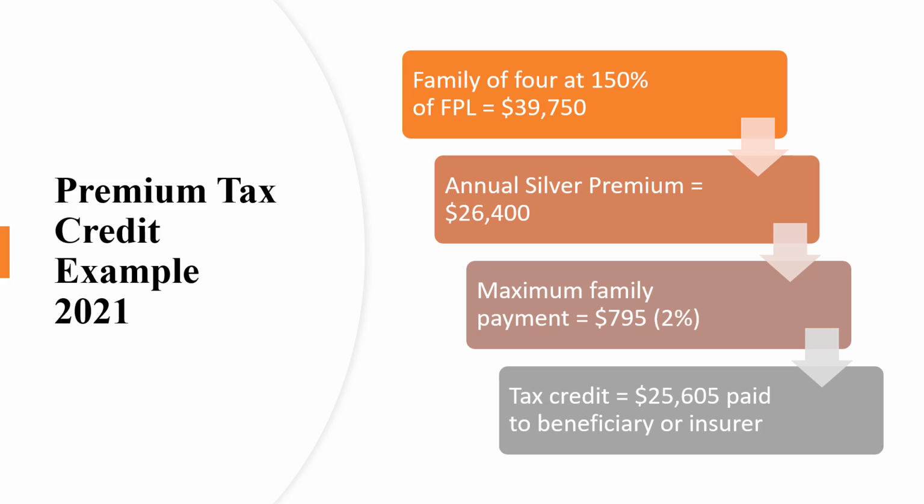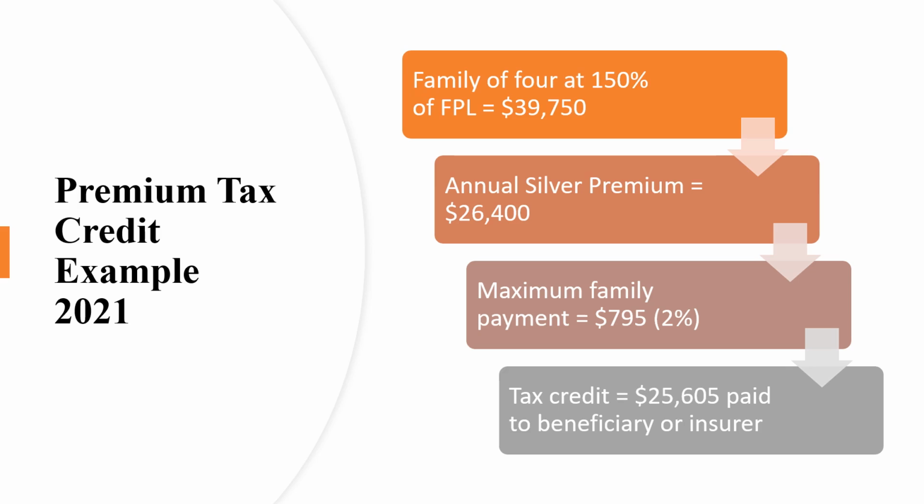So here's an example of how it would work. If you have a family of four at 150% of the FPL, and this again is a 2021 example, their income could not exceed $39,750. And then the annual silver premium, drawn from an exchange at that point in time, was about $26,400.